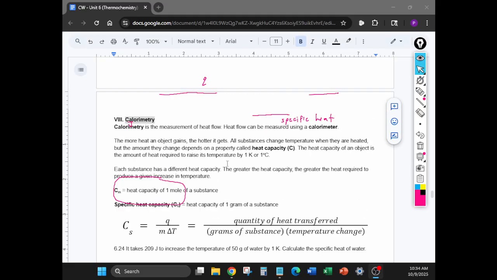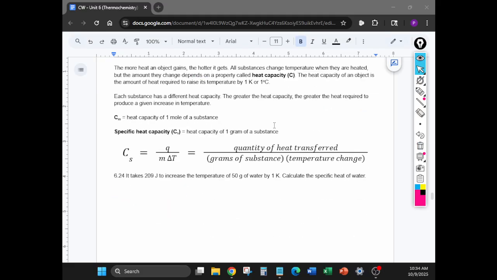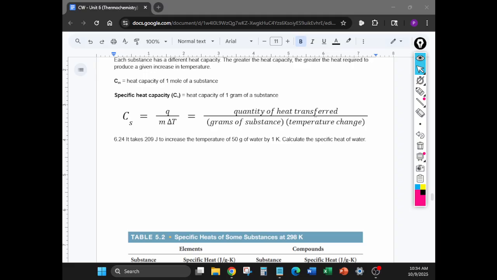All right, guys, so let's talk about how to use this equation. First we're going to calculate the specific heat of water, and it gives you this information right here. It's very simple. You just plug and chug. We are looking for specific heat, which means we're looking for C. So C equals Q. Q is measured in joules, right? That's energy.